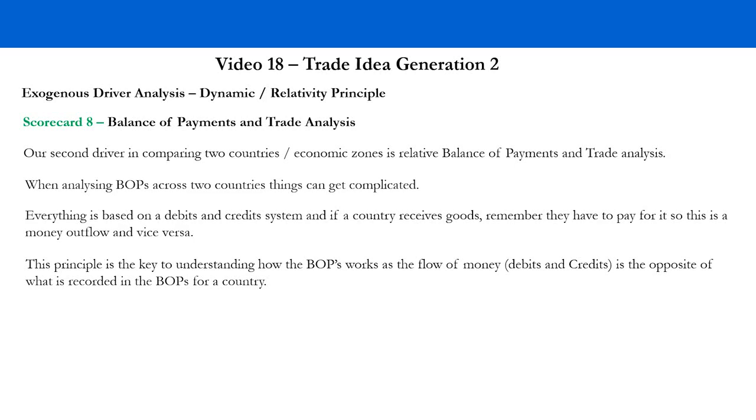And the best place to start building this out is to really understand how the debits and credits system works for a balance of payments. So let's look at the basics. Everything in balance of payments is based on a debits and credits system.